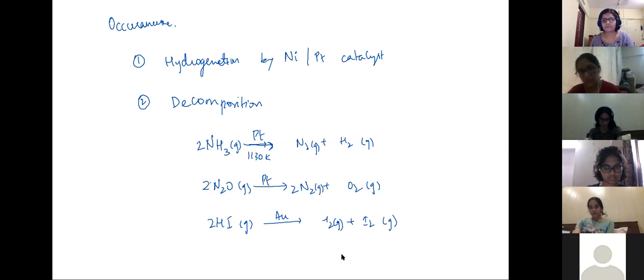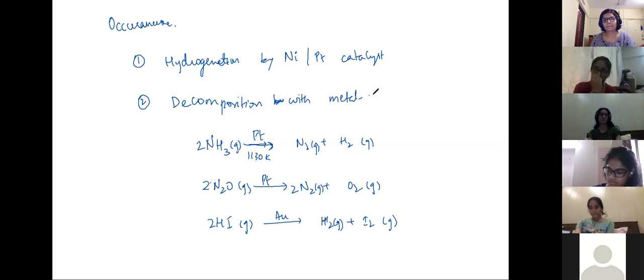So these are all basically decomposition with a metal catalyst, or decomposition that is done over a metal surface.